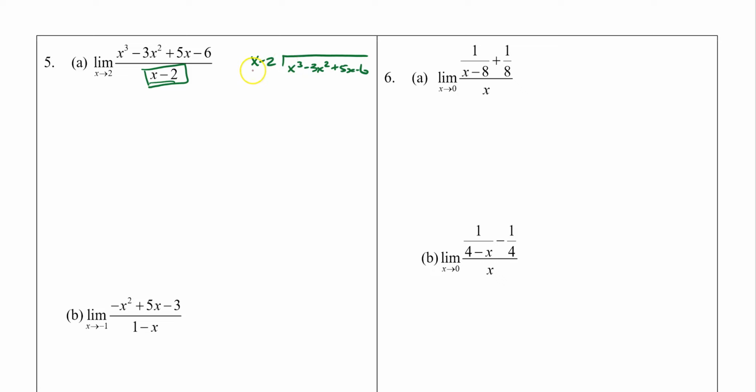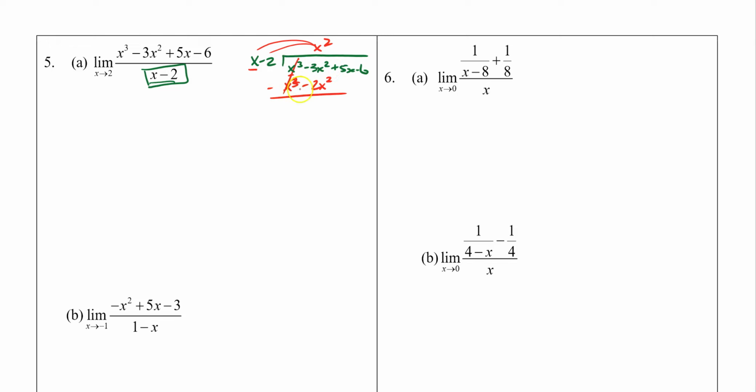So if you recall, x times x squared is going to give me x cubed, and we multiply it back through. So I've got x cubed minus 2x squared. We subtract that, those cancel.